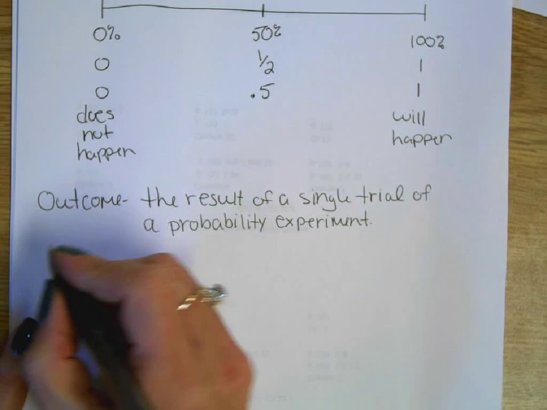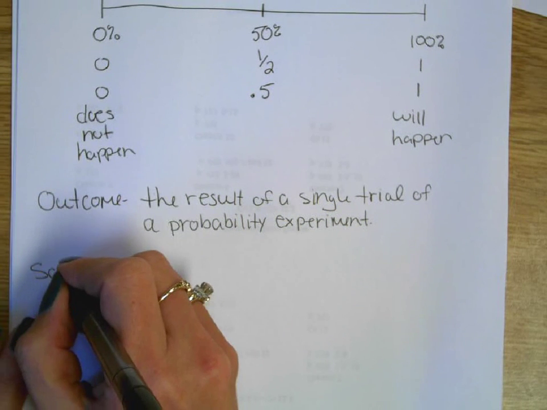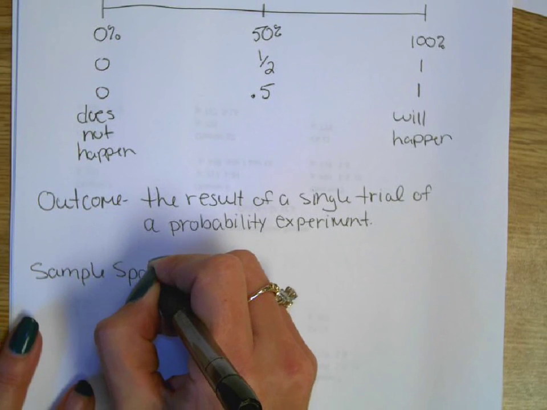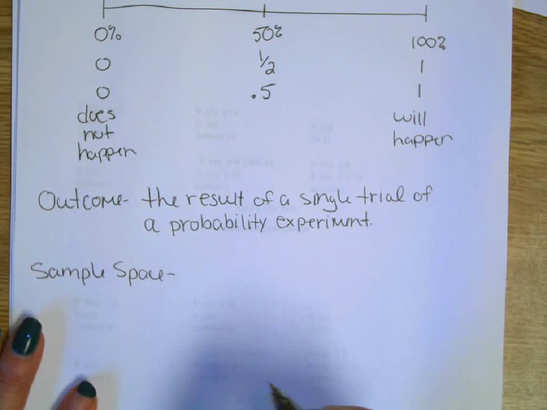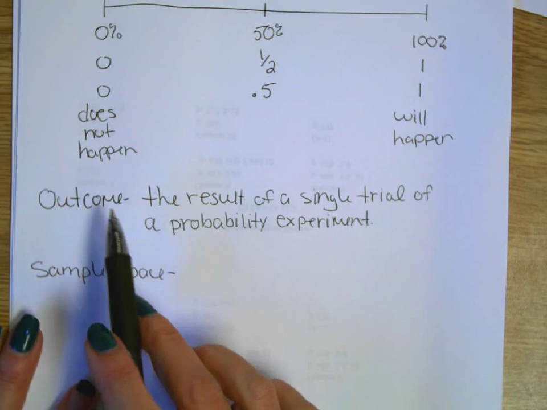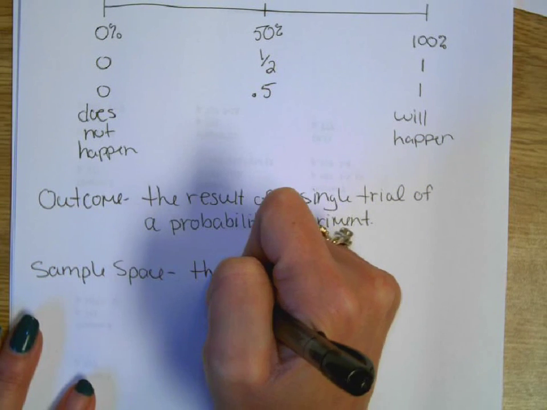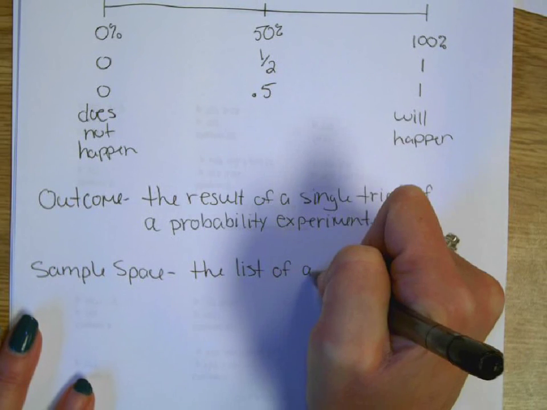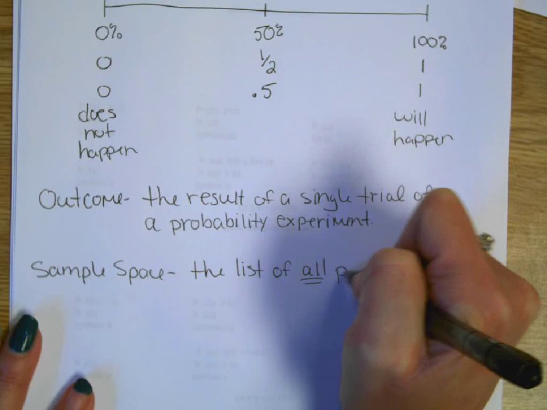All right, after that we've got sample space. Your sample space is all possible outcomes. So it's the list of all possible outcomes.